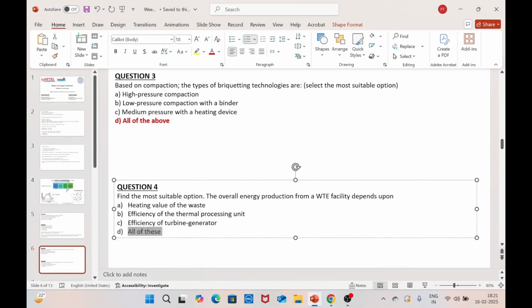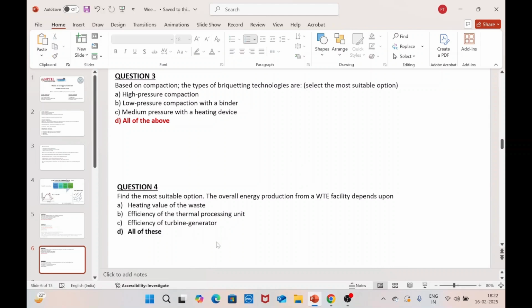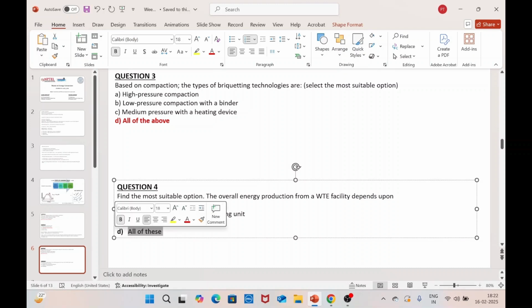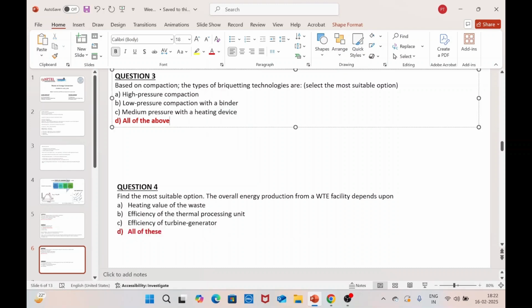Somebody has told me the answer as option D. So the option is D. The overall energy production depends upon all three factors: heating value, efficiency of the thermal processing unit, and efficiency of the turbine generator that is used.